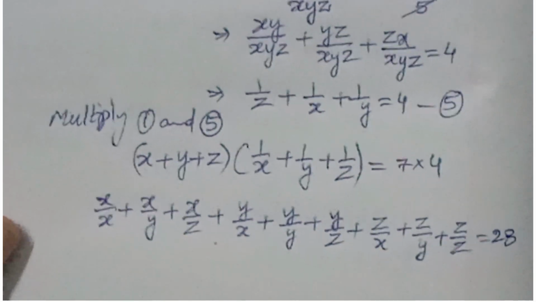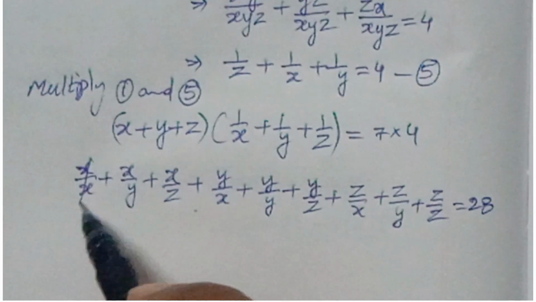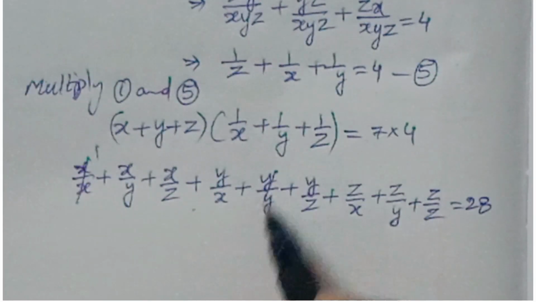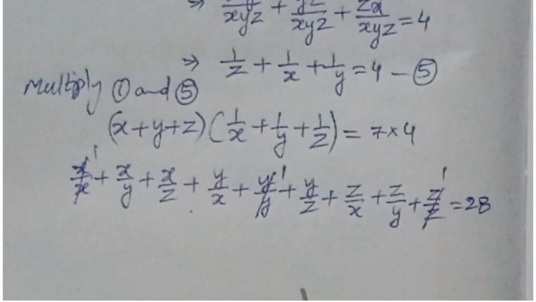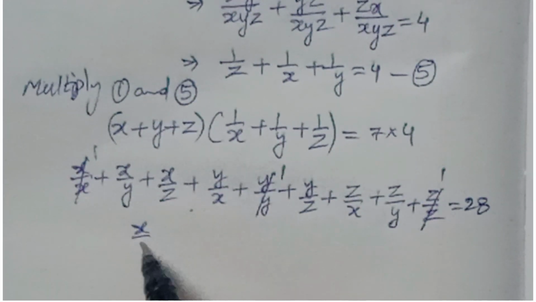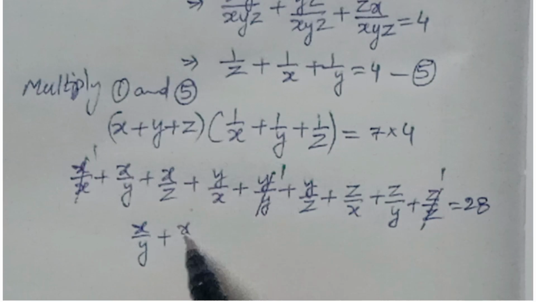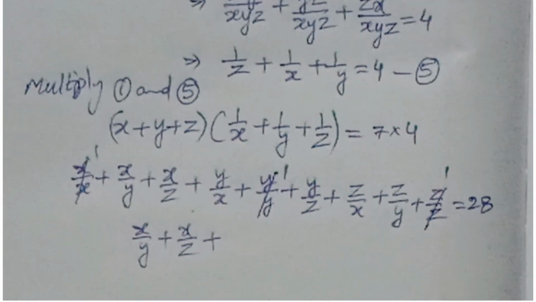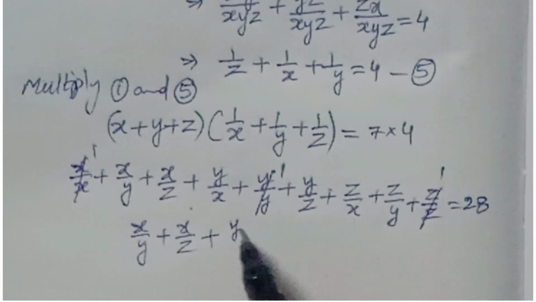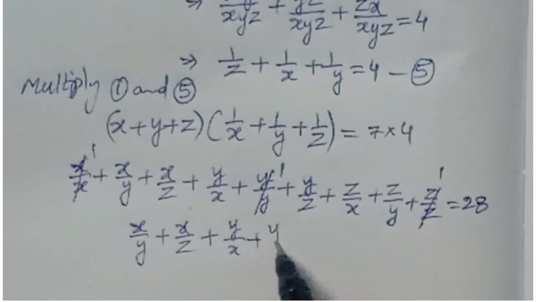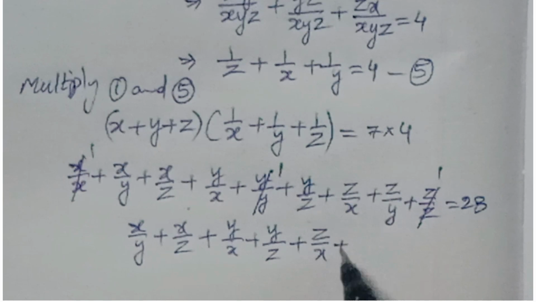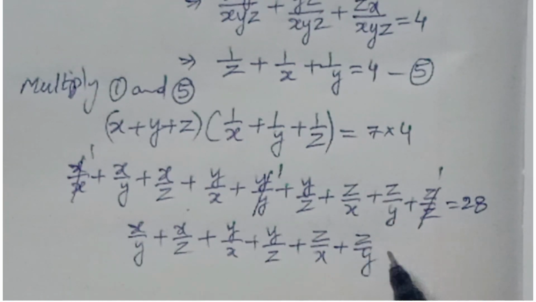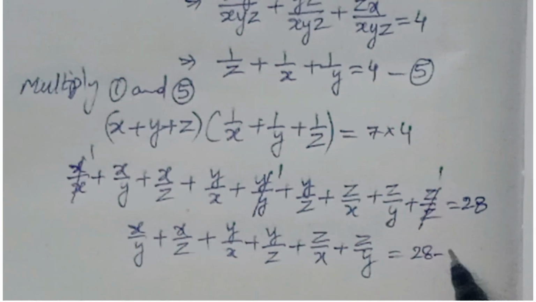7 into 4 is 28. Here x by x cancels, we get 1; y by y cancels, we get 1; z by z cancels, we get 1. Now x by y plus x by z plus y by x plus y by z plus z by x plus z by y is equal to 28 minus 3.